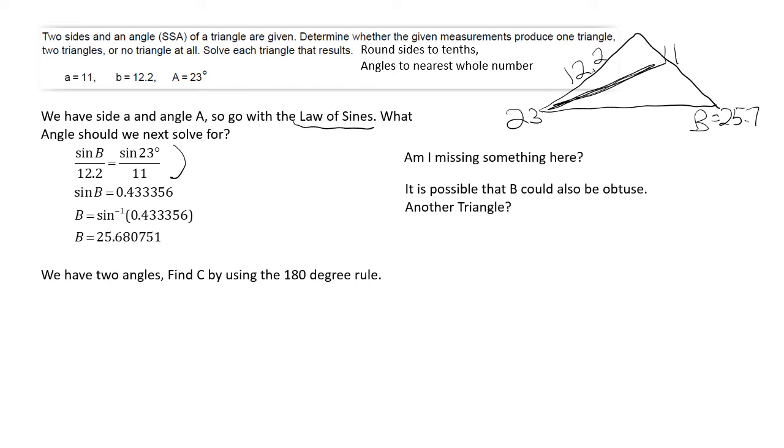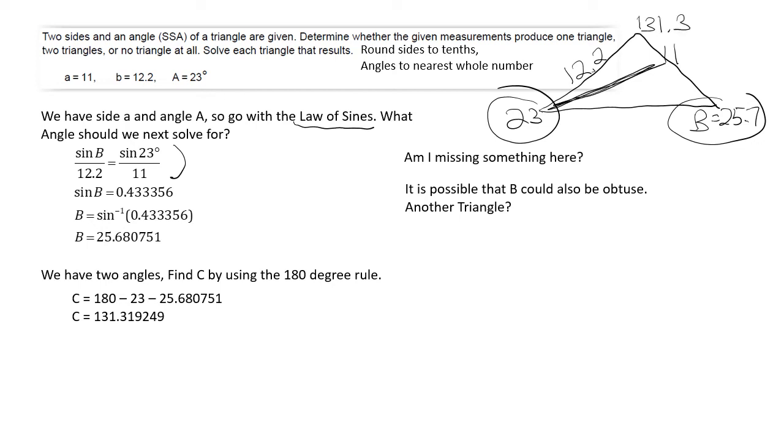We have two angles, so we can find angle C by the 180-degree rule. So angle C is about 131.3.